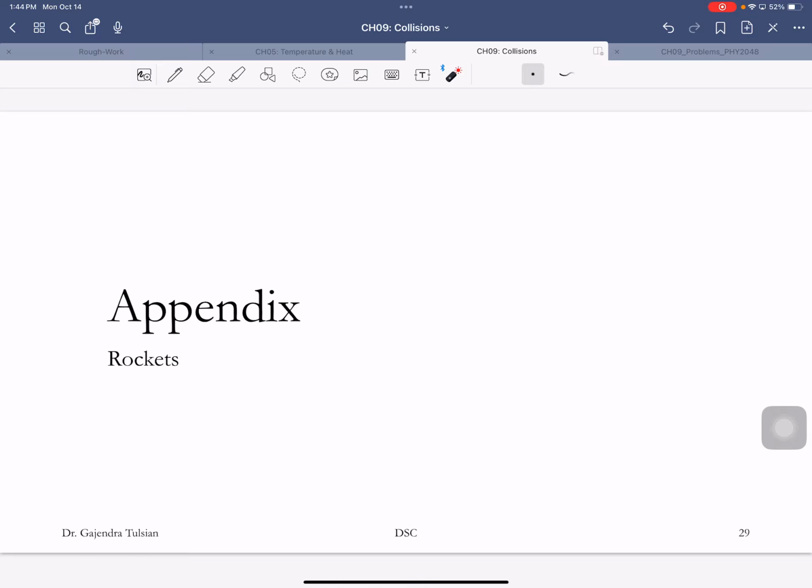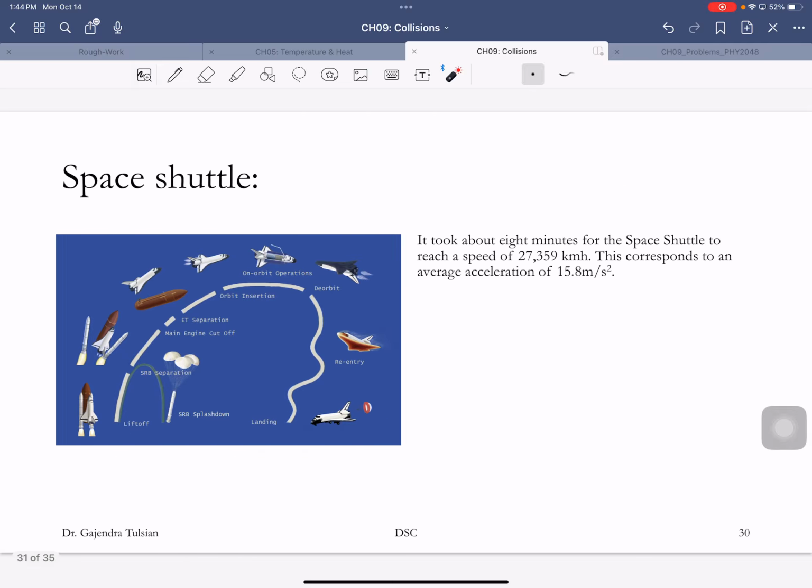The space shuttle's orbital altitude was about 250 to 300 miles. It took 8 minutes to go from the ground to orbit. In orbit, the speed was 8 kilometers a second.